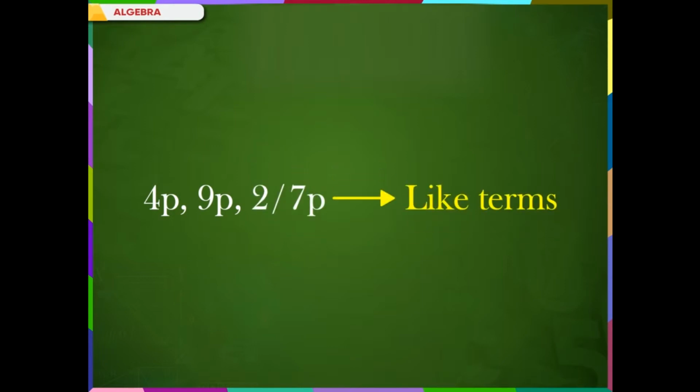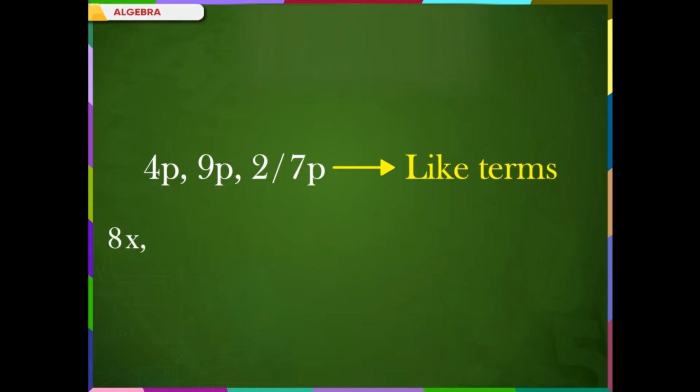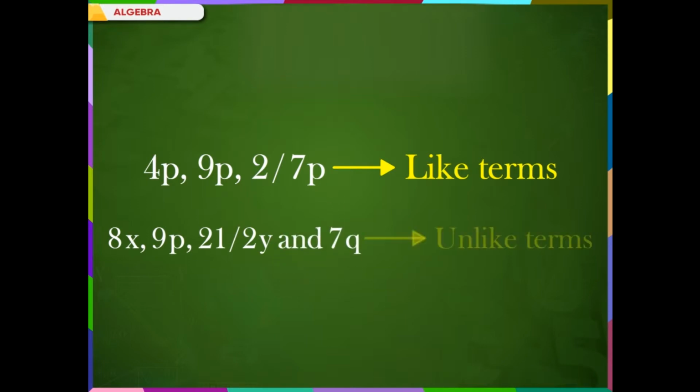For example, 4p, 9p, 2 by 7p are all like terms as each term has the variable p. Whereas the terms 8x, 9p, 21 by 2y and 7q are unlike terms as each one has different variable factors.